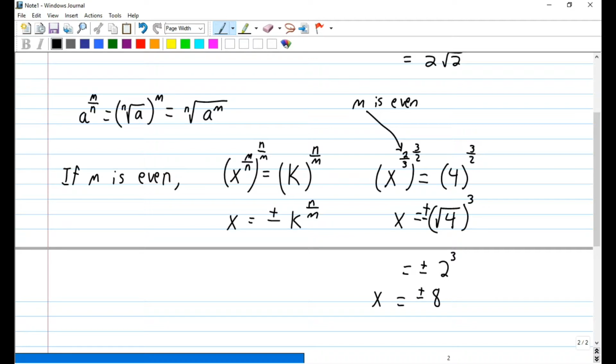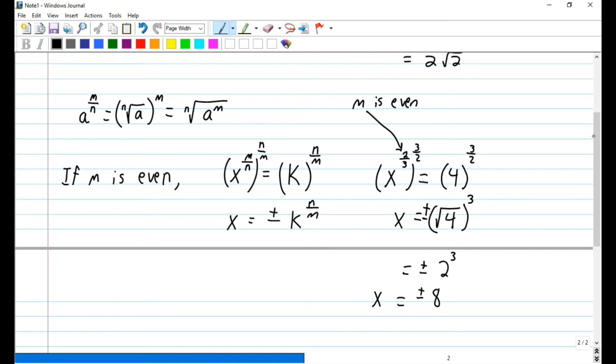Positive 8 and negative 8. So if m is even, raise both sides to the reciprocal power and put a plus or minus in front of the right side when you do that.